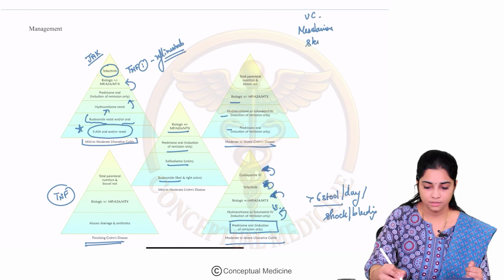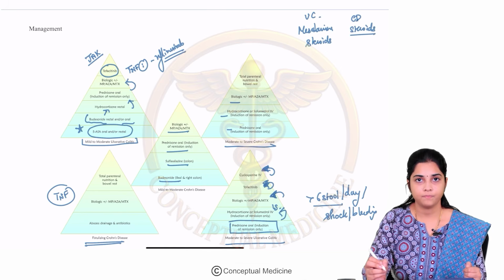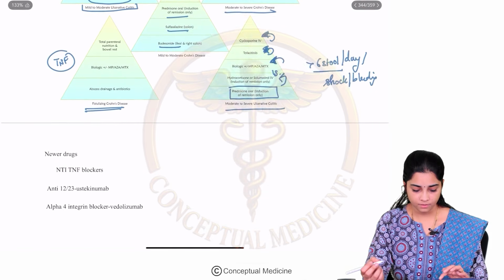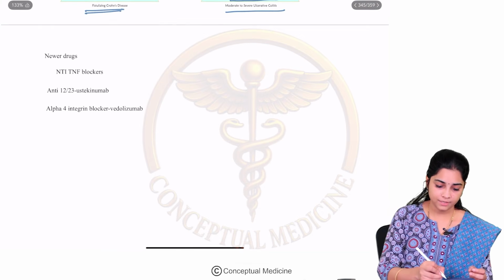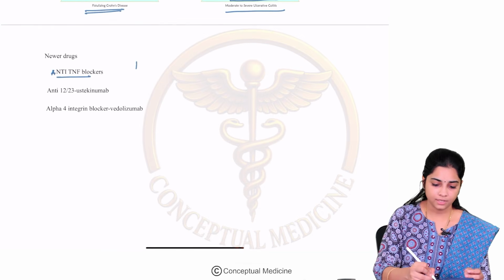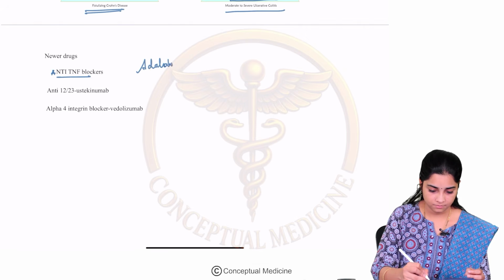Okay, so the major drugs which are used in ulcerative colitis are mesalamine, steroids, and then you have your immunomodulatory drugs. In Crohn's disease, it is predominantly steroids, and then you have your immunomodulatory agents. Newer drugs we have your anti-TNF or your TNF blockers, which includes your adalimumab, infliximab.